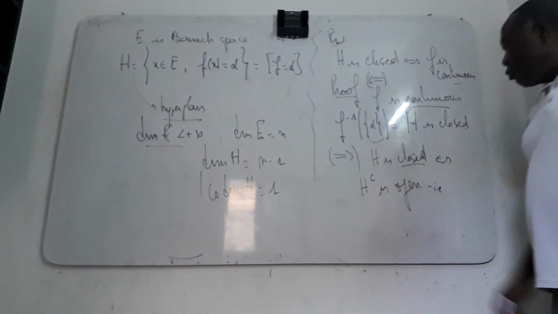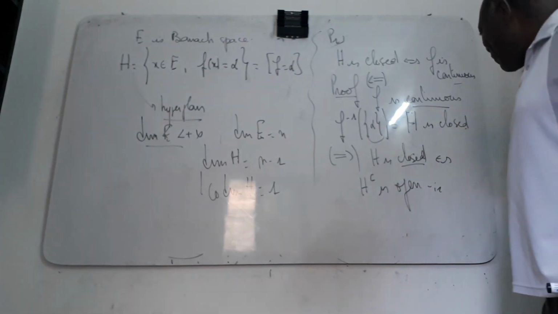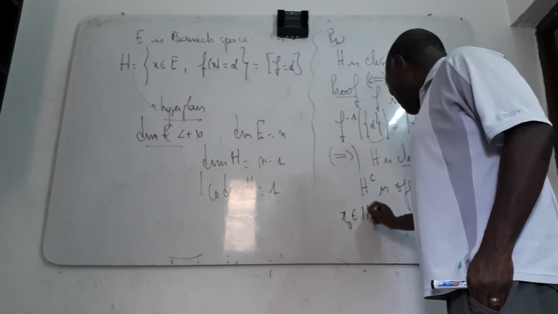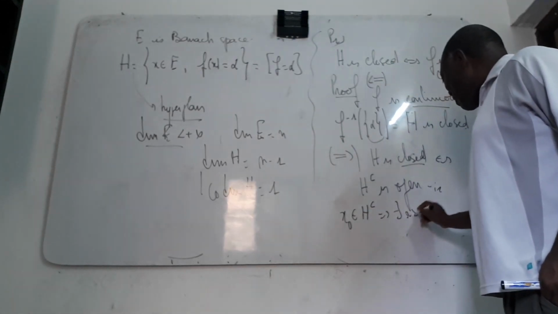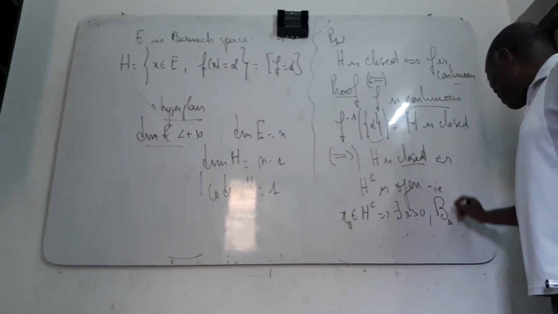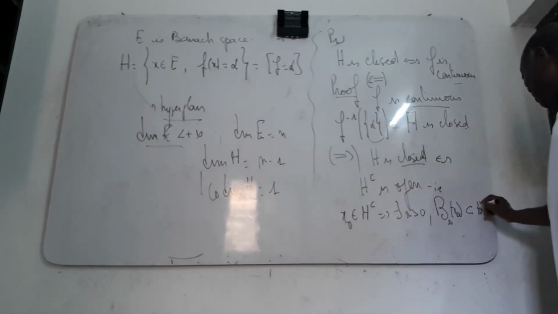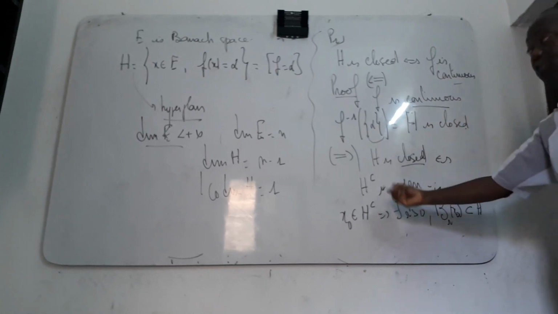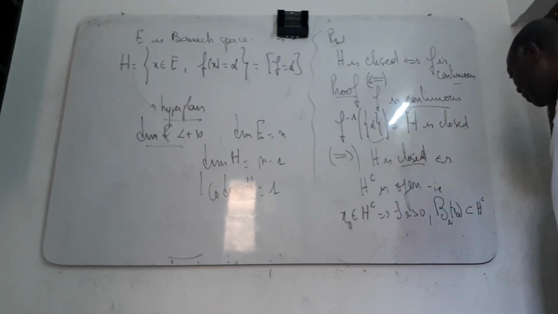Then if you take x0, an element of the complement of H, there exists r such that the ball of center x0 and radius r is contained in the complement of H. That is simply the definition of an open set.